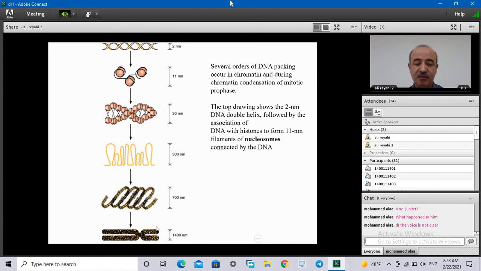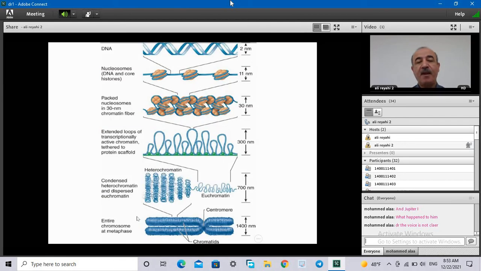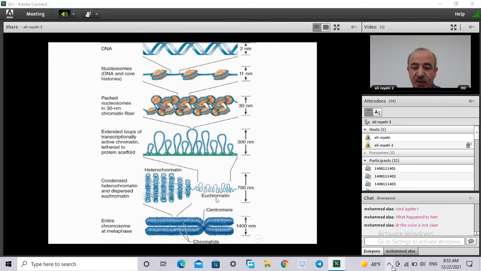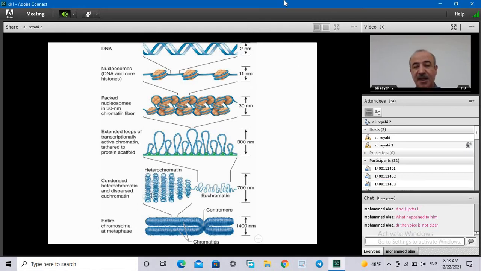And usually each chromosome has a small arm and a large arm. In this picture you can see again the DNA and nucleosome, and attention please, you can compare the euchromatin and heterochromatin and the differences between them.